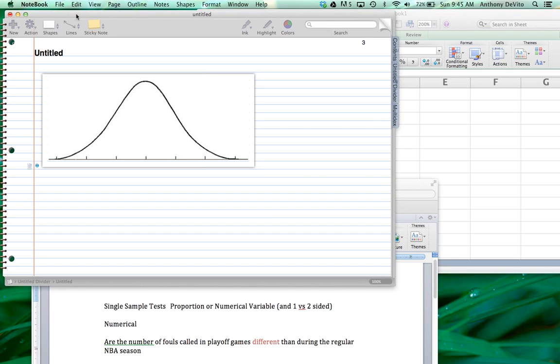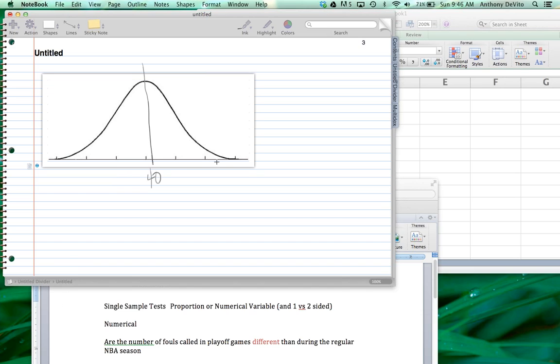Okay, so this is the possible distribution of all the possible outcomes that we might get if we were to do this analysis. What we're saying is that during the regular season, they give out 40 fouls per game.